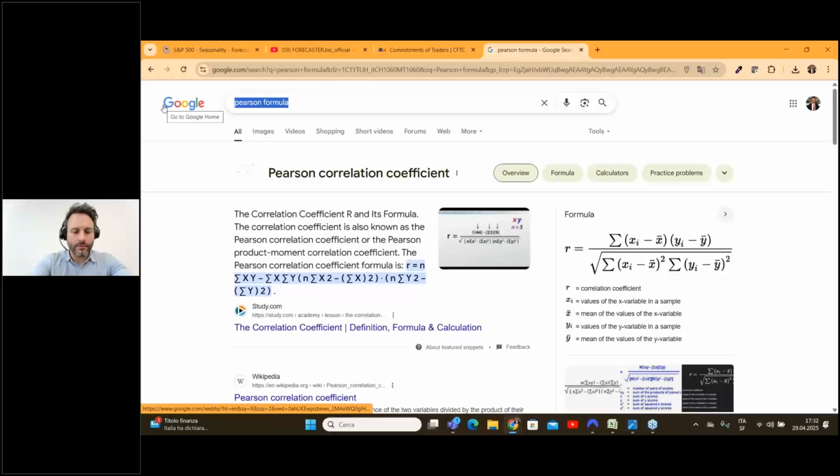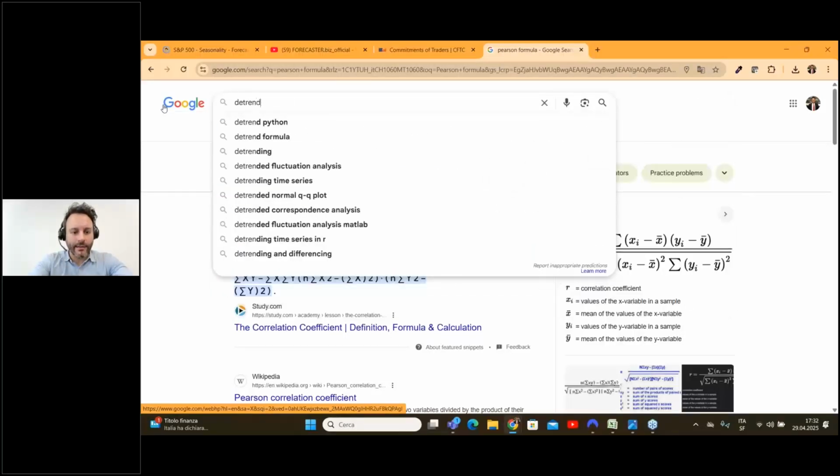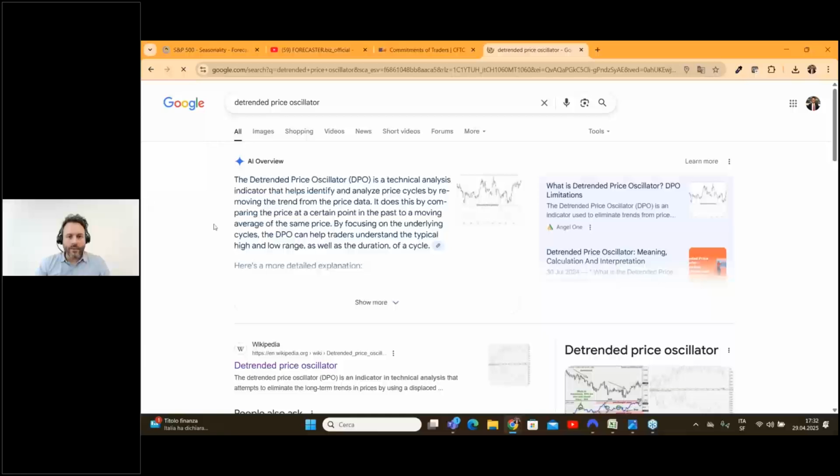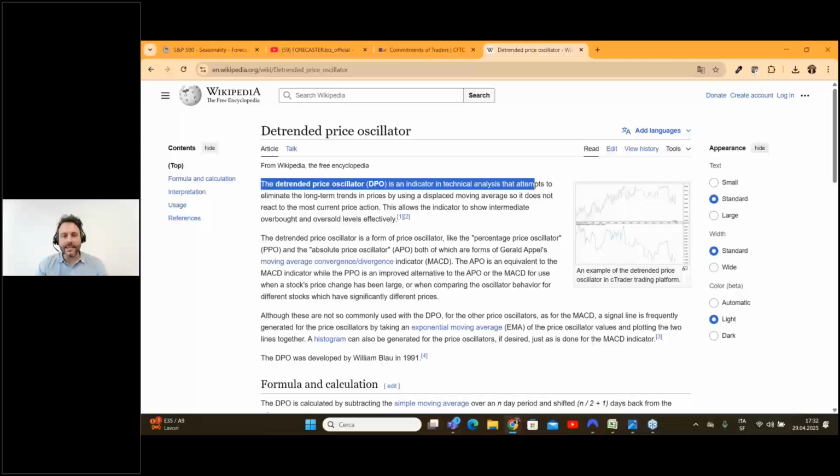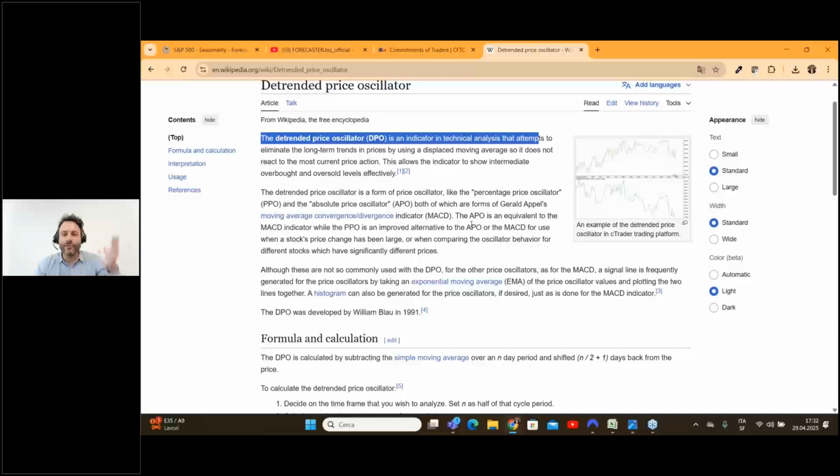If you go to Google and you write the trended price oscillator, you will find on Wikipedia, for example, a specific technical analysis indicator, which is very simple because it goes on the chart you are looking at, and it will take away the trend.